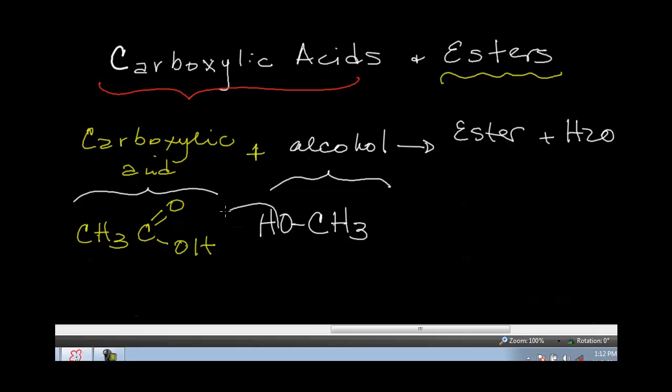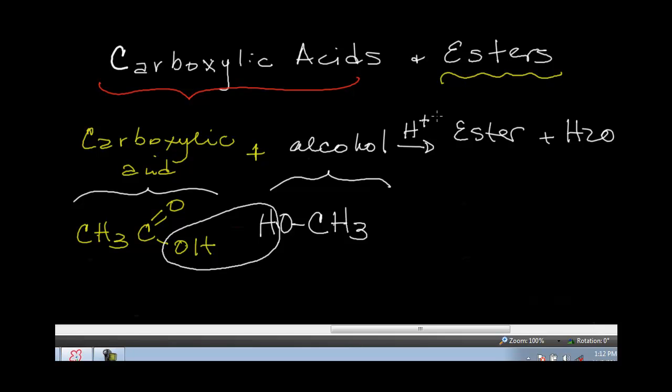If the OH of the carboxylic acid and the H of the alcohol form water, this is a dehydration reaction. We really need a little acid for this reaction to go on, a little catalyst. So on the arrow we want H plus.